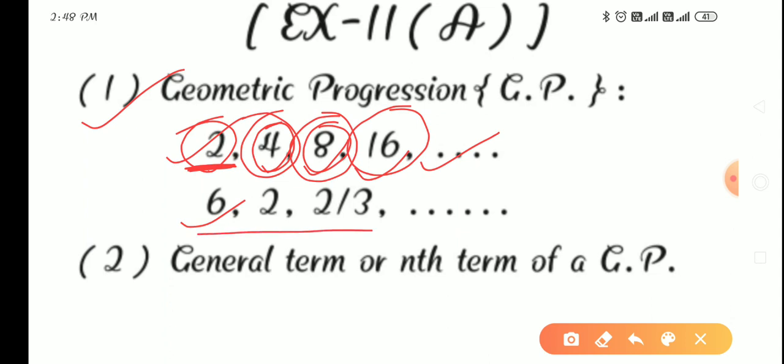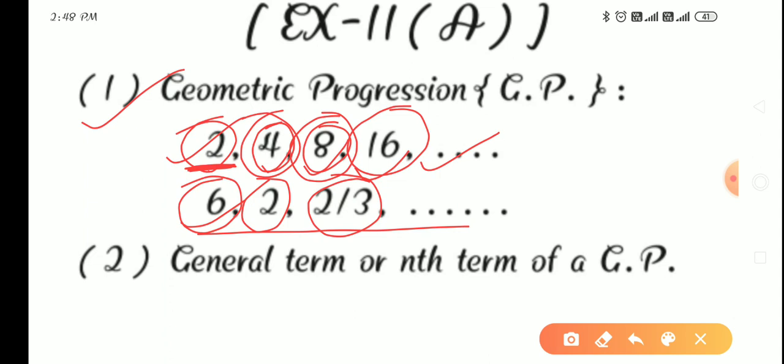In the same way, see the second sequence also. In this sequence you are dividing each number by 3. 6 divided by 3, 2 will come. 2 divided by 3, 2 upon 3 will come. So you can say you are dividing the preceding number by 3, or in other words, you are multiplying the preceding number by 1 upon 3.